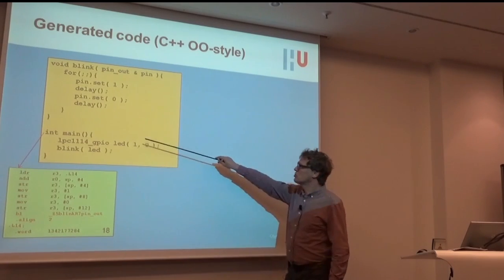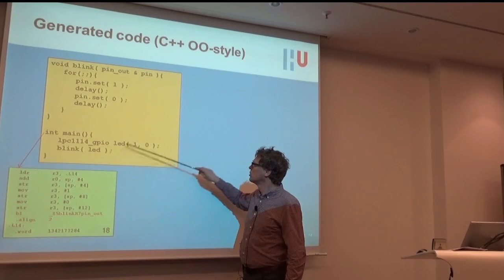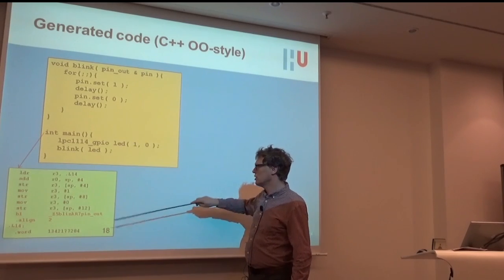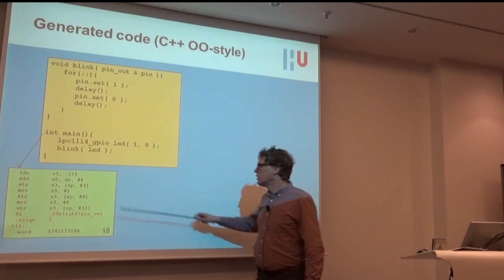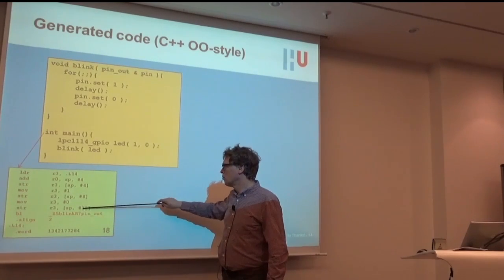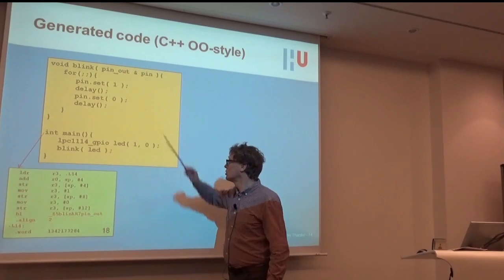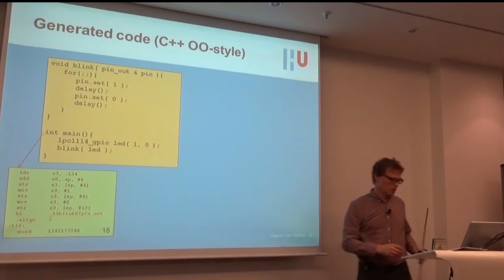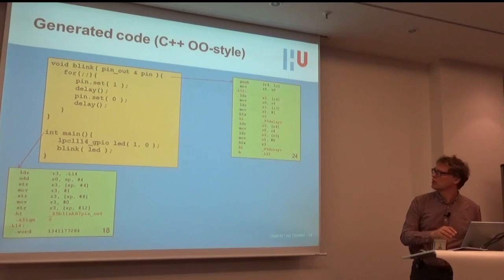In our main, we must create the object, reserve some space on the stack, put those two values in it, initialize the virtual function table pointer. Then we have that object, and then we can pass the object to the blink function. That's in the main. That's already 18 bytes.